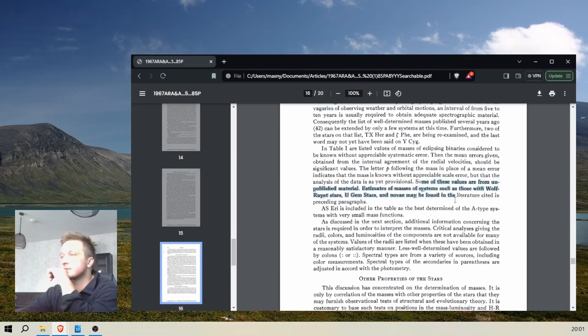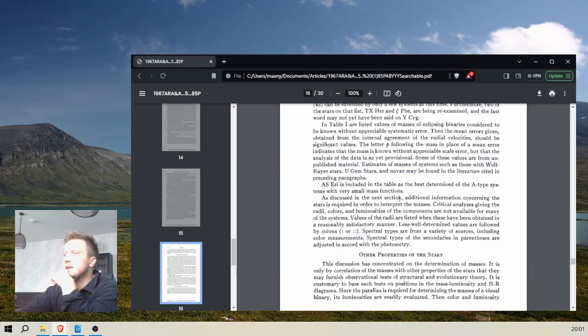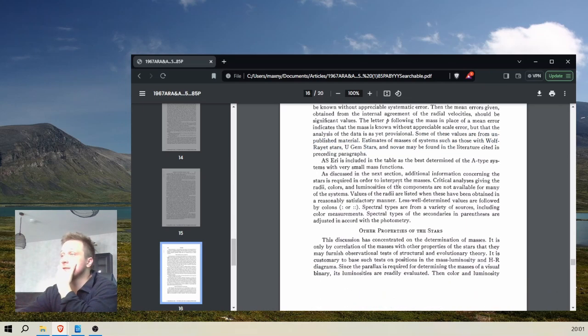Some of these values are from unpublished material. Less well determined values are followed by colons.